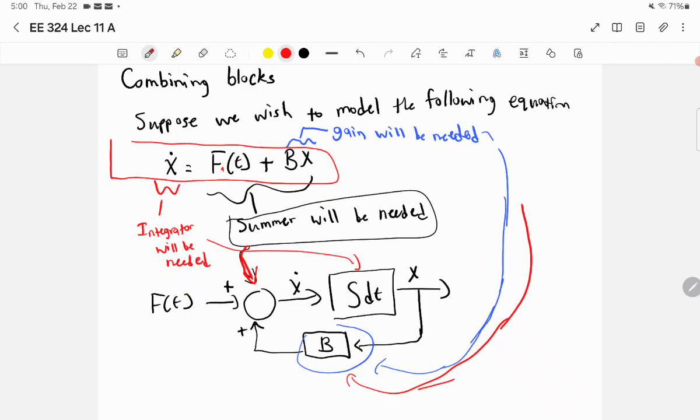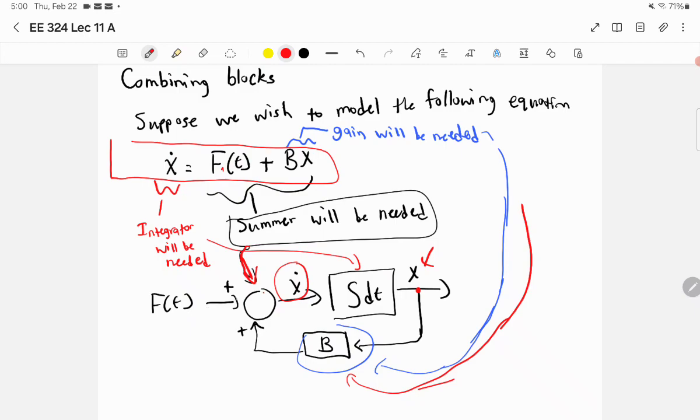So you can imagine I could have started with this diagram, writing the x over here and recognizing that I'm going to need to use that as an input back into this summer block, which is then going to be an input to this x dot, right?